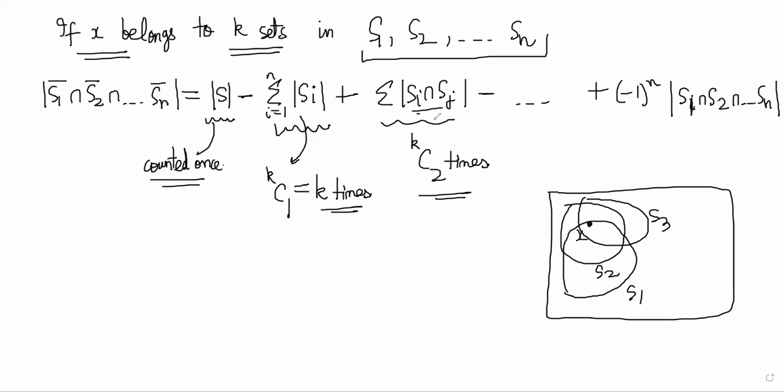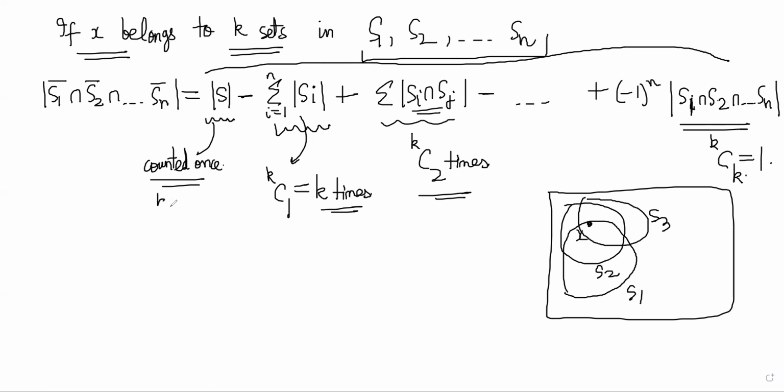So when you take two at a time, this X could belong to two out of those sets. You can say K choose two times, it will appear in these, right? And finally here, it will appear KCK times, equal to one time, when you take the intersection of all of them. So when you are doing the overall count of this term, the RHS, here this is KC0.